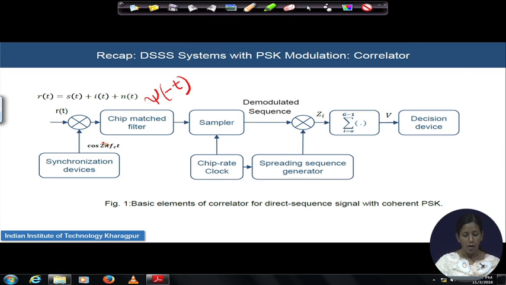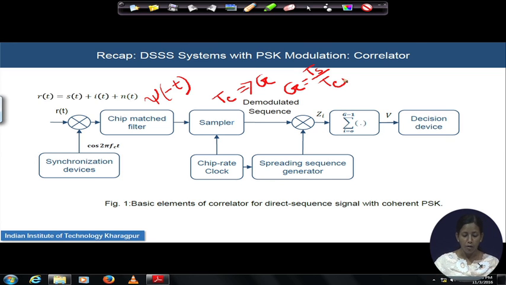The output of the matched filter is now sampled at the rate of the chip duration Tc to provide G number of samples. Why? Because we saw in the transmitter that G was the processing gain, telling about the number of chips available over the symbol duration, and G was given by Ts by Tc.